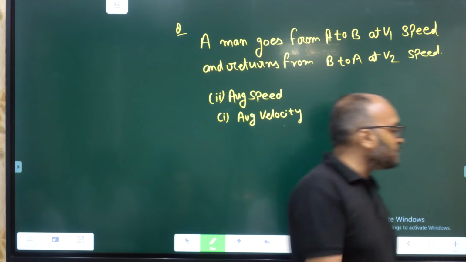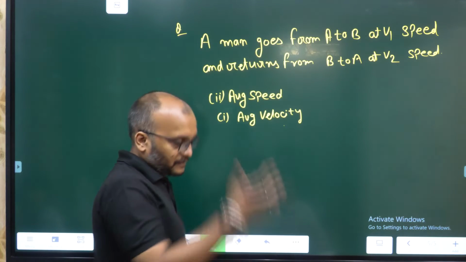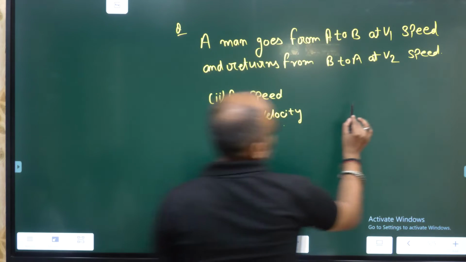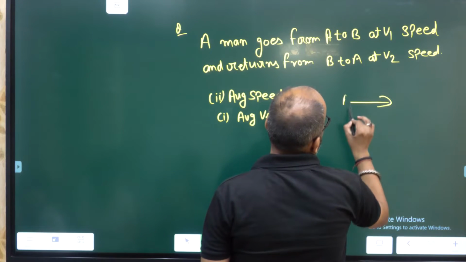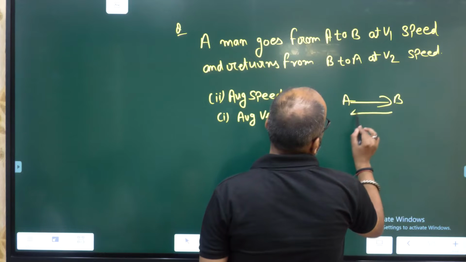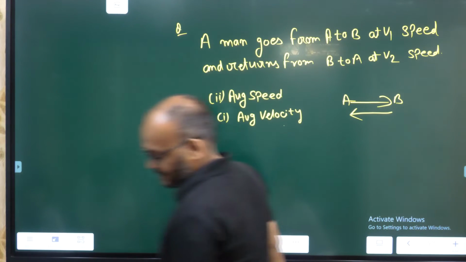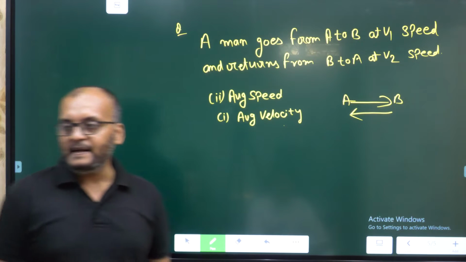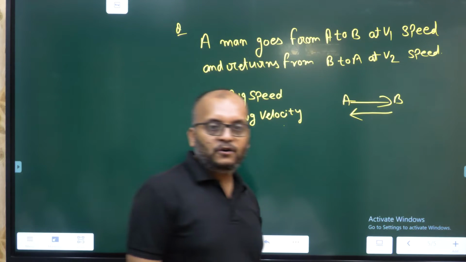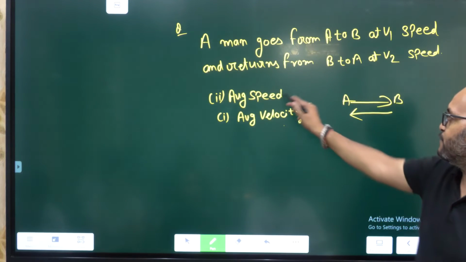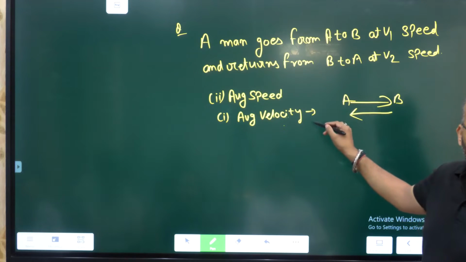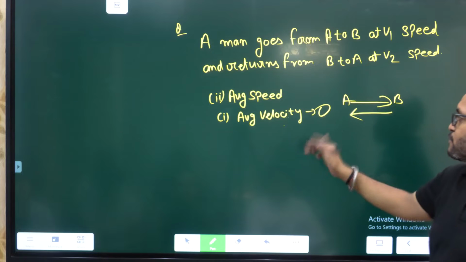The man is going from A to B, then coming back from B to A. So what will be the displacement? Displacement will be 0. If displacement is 0, average velocity is total displacement upon total time, so this is also 0.